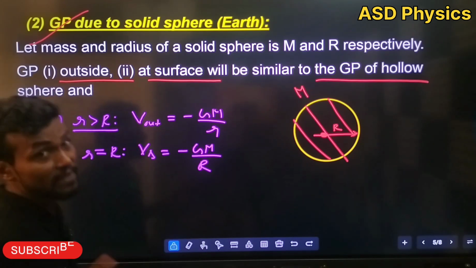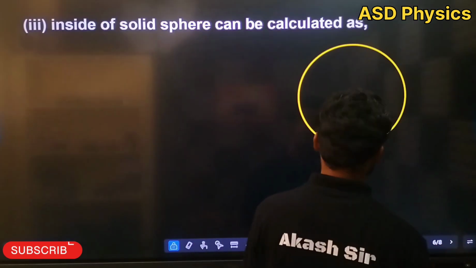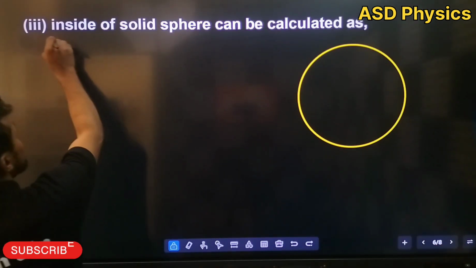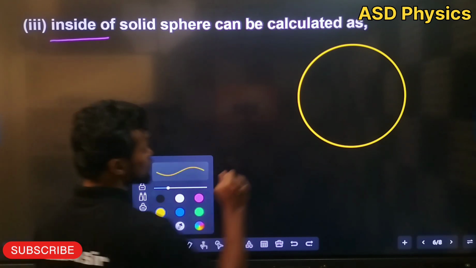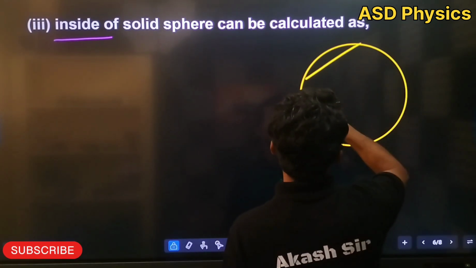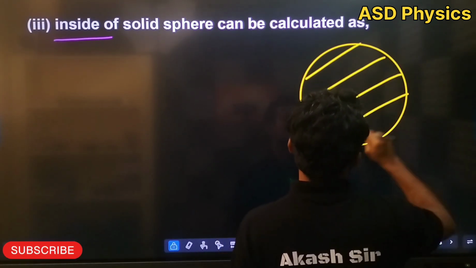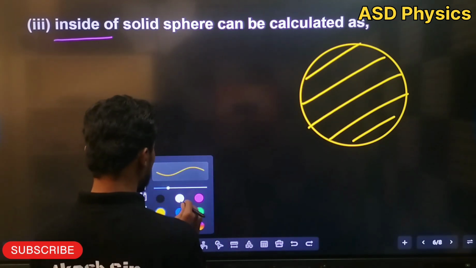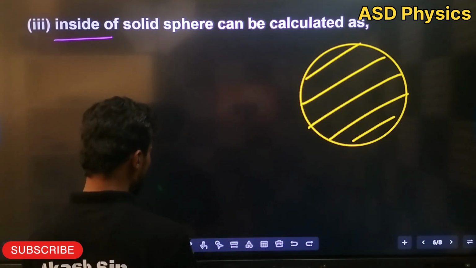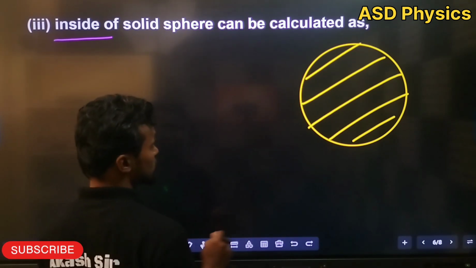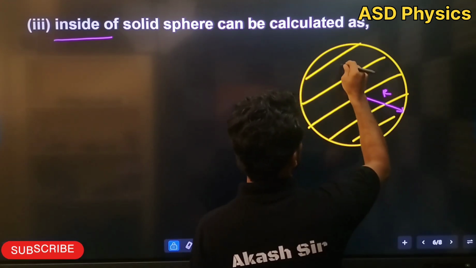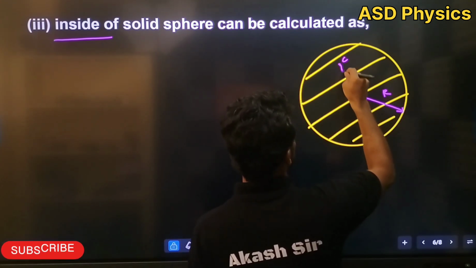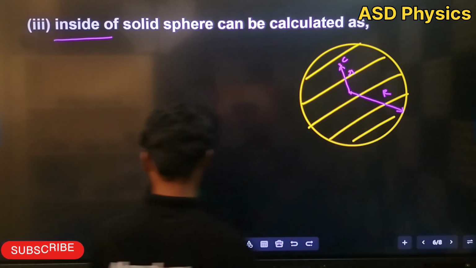The main situation arises inside. So when we see inside the solid sphere, you know very well, this is the solid sphere, that means inside mass is present. So in this situation, what will happen? The potential will not be constant. Then what do we have to do? Here this is the radius R, and here I have taken some point C, and this distance is small r.